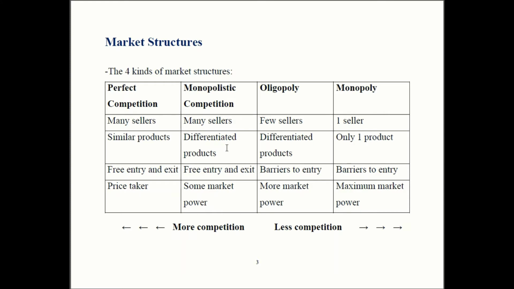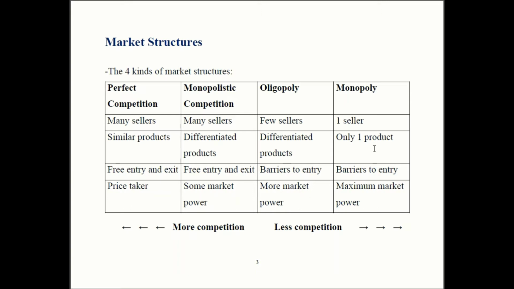Each restaurant is a bit different. Things like Texas Roadhouse and IHOP are not the same. They're both restaurants, but they're selling different kinds of food, and you have different preferences over them. Oligopolies also sell differentiated products. With a monopoly, there's only one seller, so there's only one product.